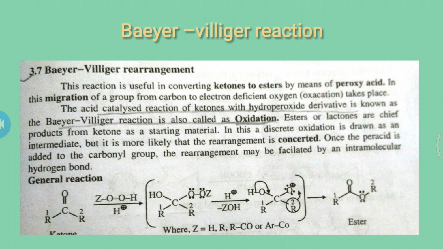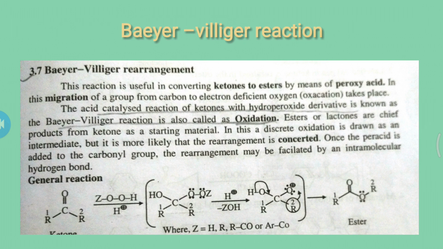So which one migrates, R1 or R2? This migration depends on the migratory aptitude, and then R2 migrates to form the ester. Rearrangement may be facilitated by an intramolecular hydrogen bond.